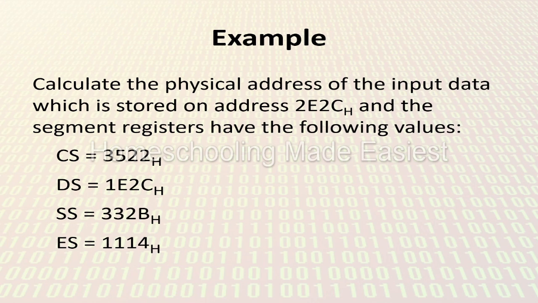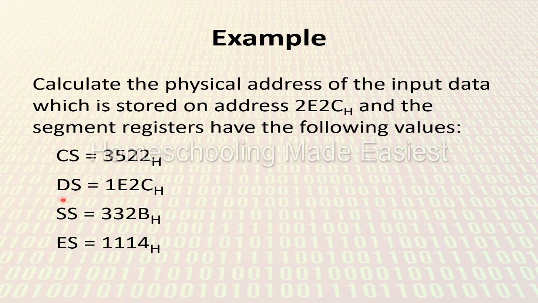Calculate the physical address of the input data which is stored on address 2E2C hexadecimal, and the segment registers have the following values. The code segment register has the value 3522 hexadecimal.